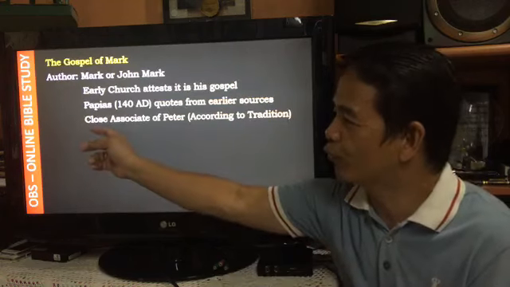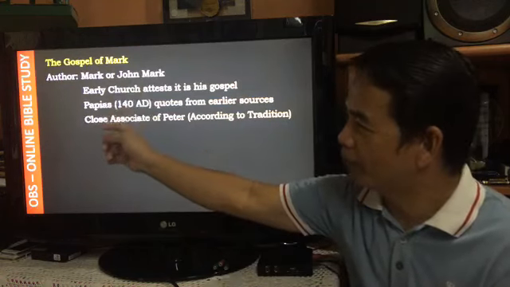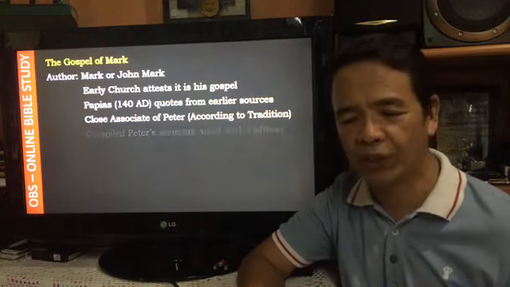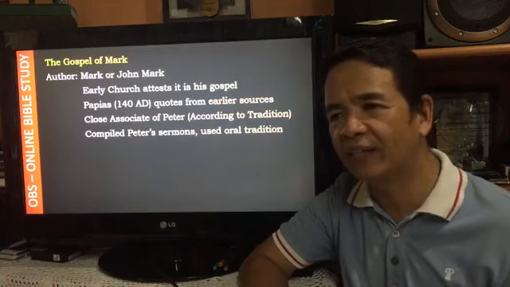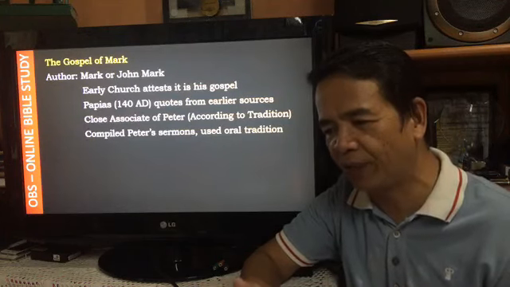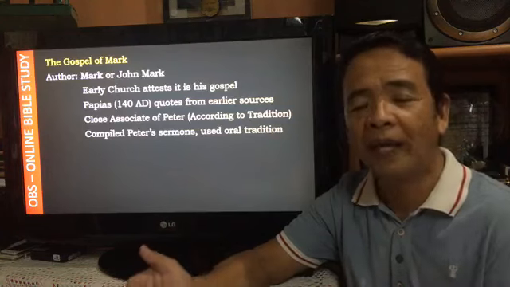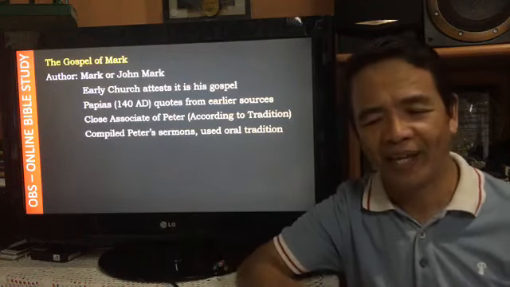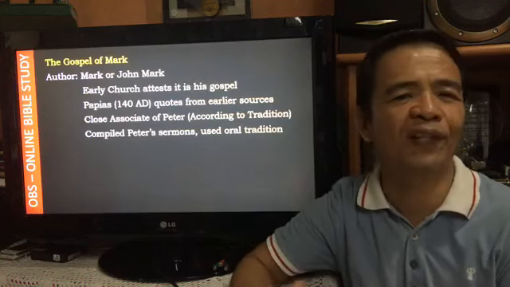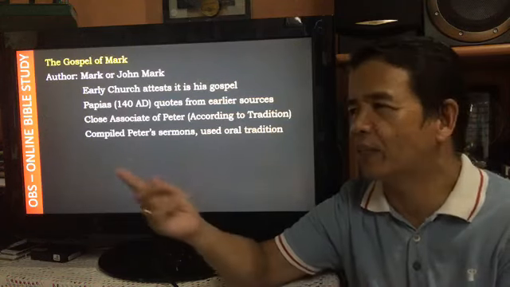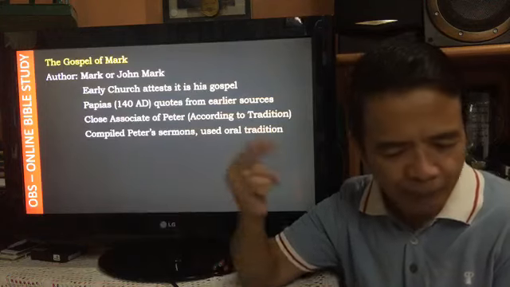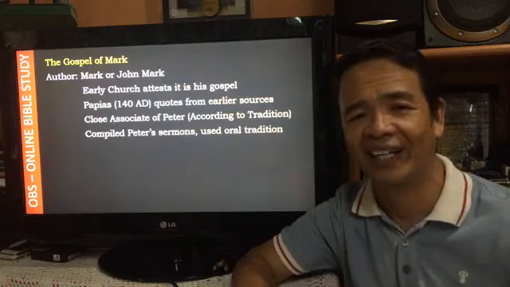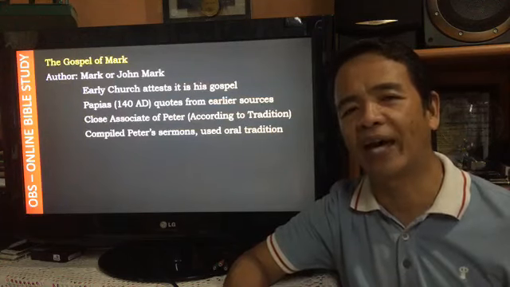And we have also known that Mark, John Mark, is a close associate of Peter, according again to church tradition. Because of his association with Peter, he wrote all of Peter's sermons. And he was the first one also to write what he had been hearing as oral tradition. He put it into writing and compiled it. So he was the first one to do that.